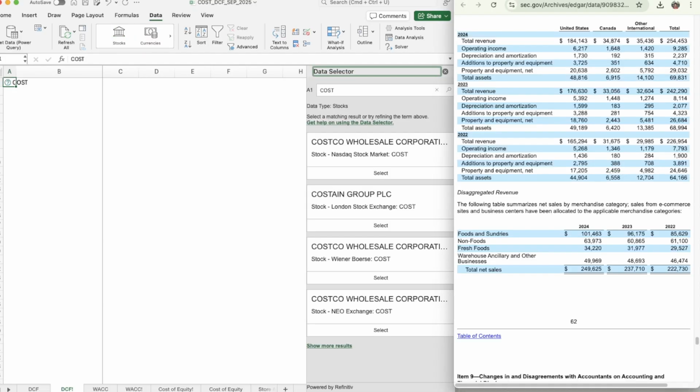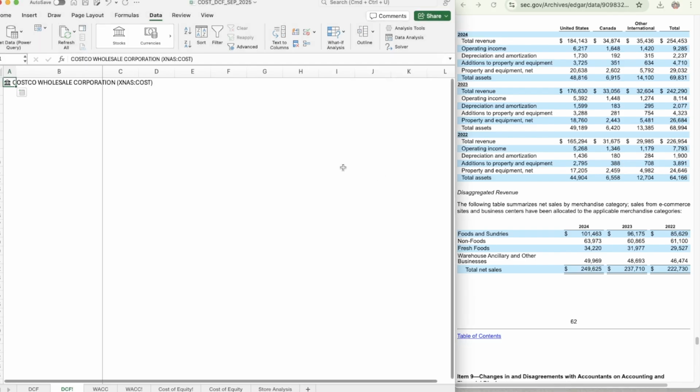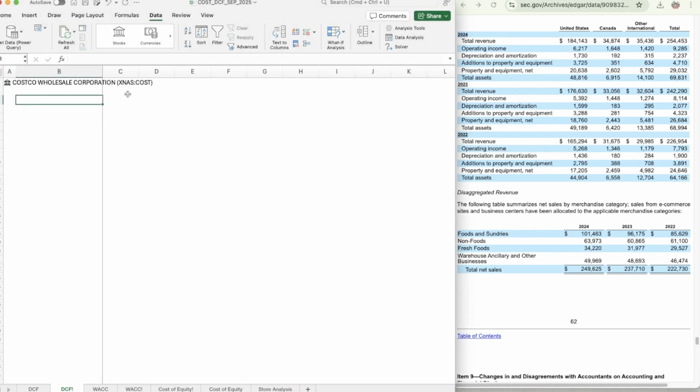And you don't need to go back onto this page yet, that's it. Costco Wholesale Corporation. And the first thing we do is we go ticker, we go date, we have current price, implied, and then we have our up, down.